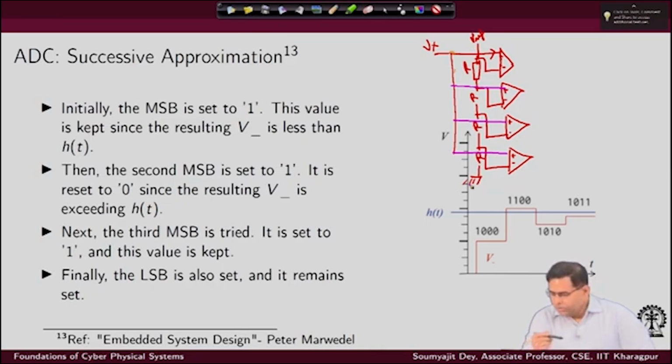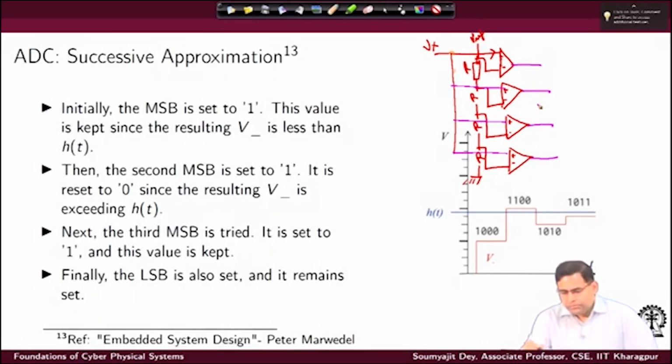Now when you do the comparison, these comparators are going to generate a bit pattern depending on the value of Vx and how it compares against Vref, against Vref by 2, against Vref by 4, and against 3 Vref by 4.